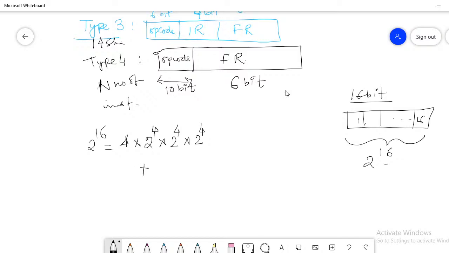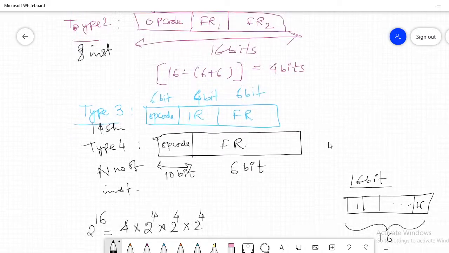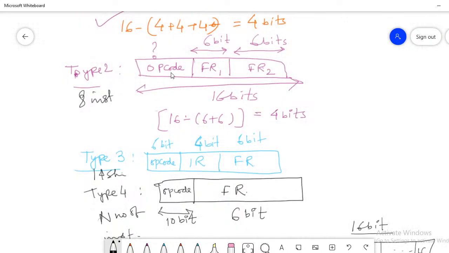And then if you go for the type 2 instructions, how many are there? 8 instructions. Each instruction will contain how many possible combinations? 6 bits means 2 to the power 6, and for each of those combinations, 2 to the power 6 again.